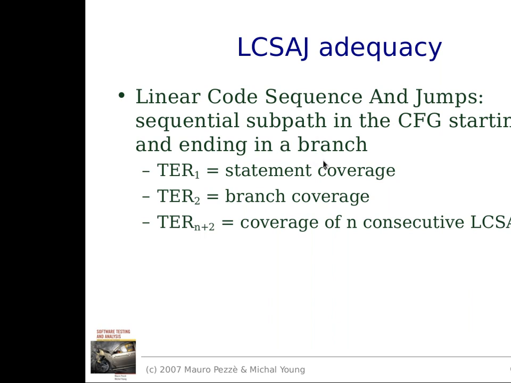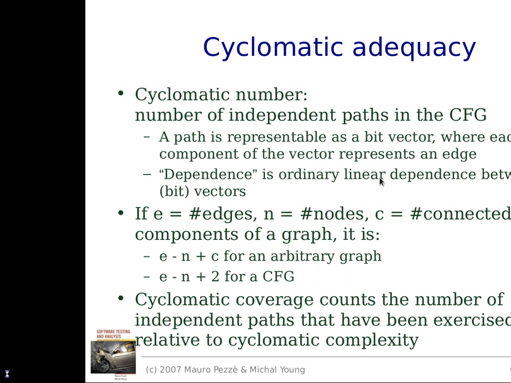So you could combine a bunch of basic blocks together until you had one branch coming in and then one branch coming out. So these LCSAJs, linear code sequence and jumps, could be a basic block or multiple basic blocks grouped together in some sequence where there's one in and one out. Fortunately, that's all that these slides give you. Hopefully that makes some sense. You could think of it as a super block if that helps, instead of just a basic block.